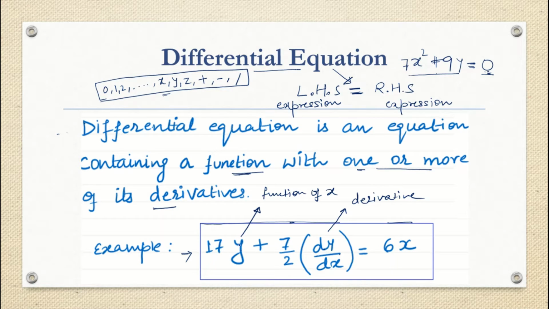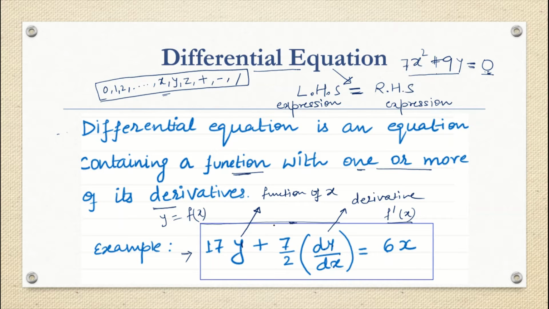If we say y is a function of x, this y can be written as f(x), and this dy by dx we can write as f dash x. So f dash x or dy by dx are both the same. This derivative is the rate of change of this function with respect to x. This complete term is nothing but my differential equation.